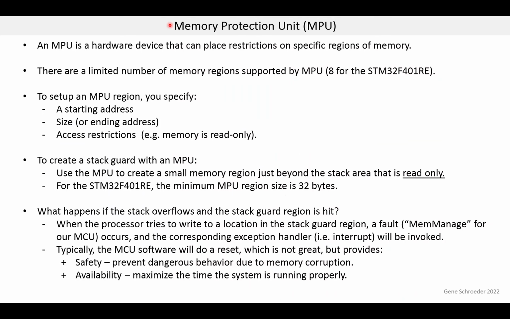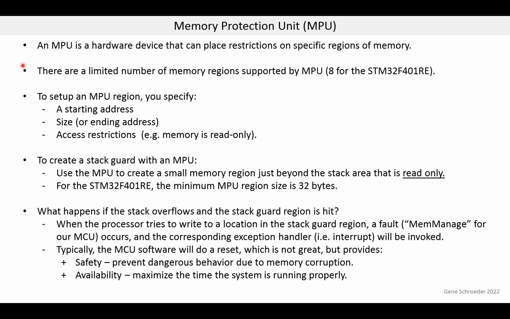So now let's talk about memory protection units, or MPUs. First, let me say, don't confuse an MPU with a memory management unit, or MMU. An MMU is used to support virtual memory for operating systems like Linux. Most MCUs don't support virtual memory. So an MPU is a hardware device within the MCU that can place restrictions on specific regions or blocks of memory, like whether the memory in that region can be read or written.